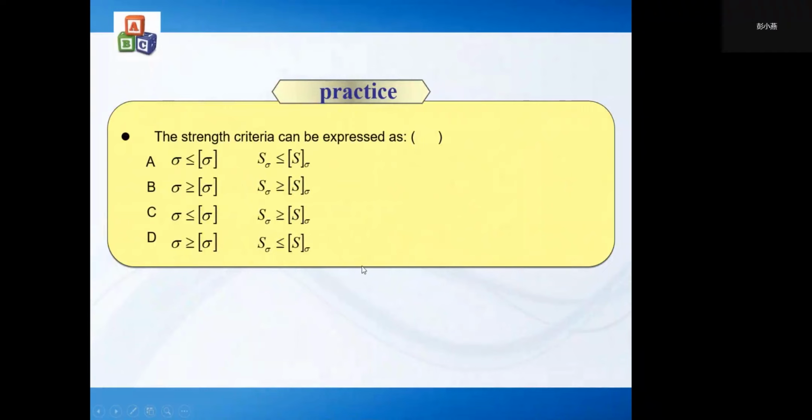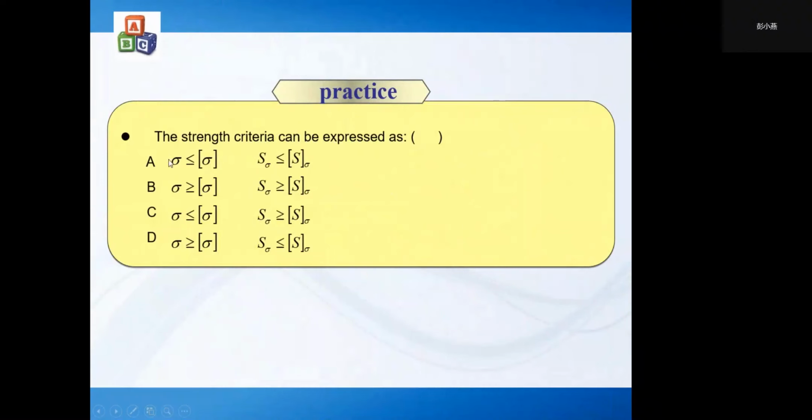Okay. Let's see this practice. The strength criteria can be expressed as, which is correct?